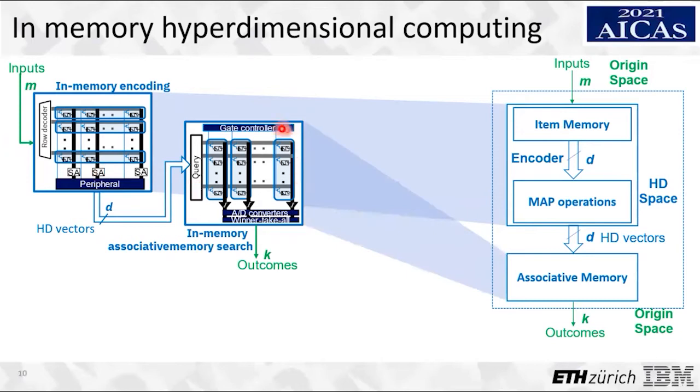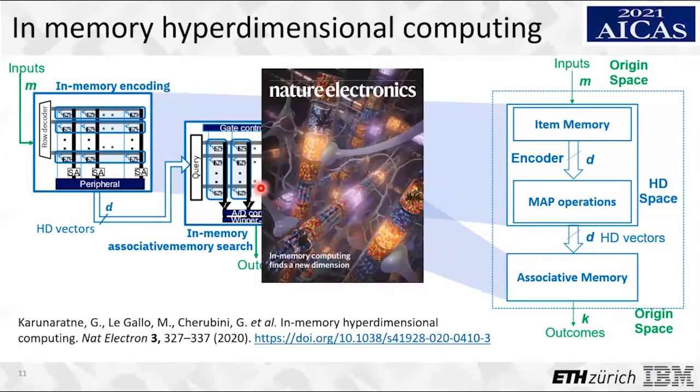In the case of associative memory search, we store the profile hypervectors along the columns of the crossbar array, and we perform the associative memory search operation using an approximate binary dot product operation.